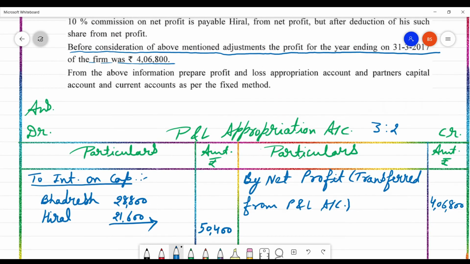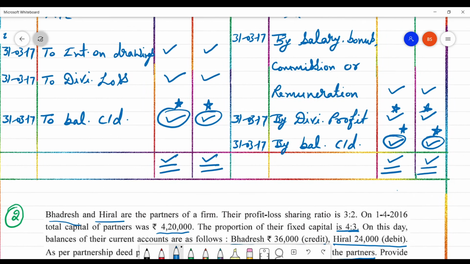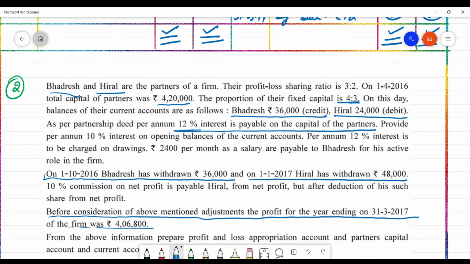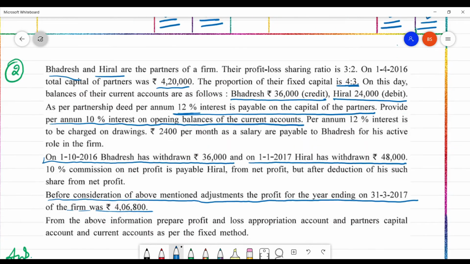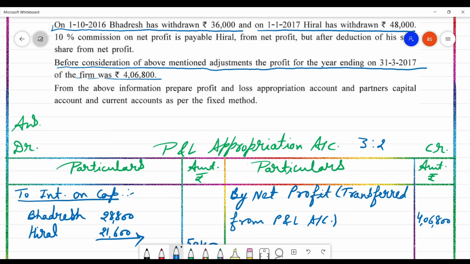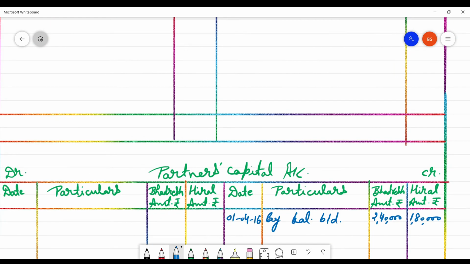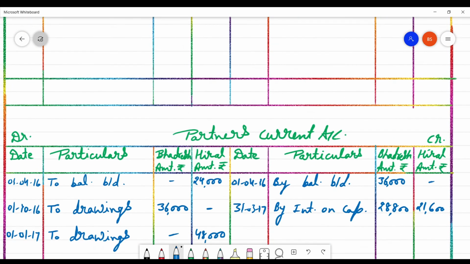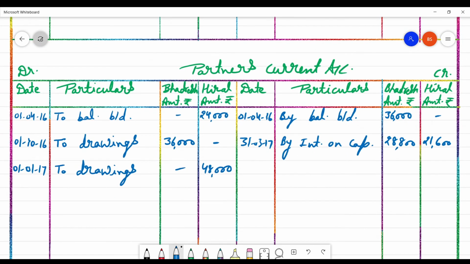Next, in adjustment, we will read from the first paragraph. Provide per annum 10% interest on opening balance of the current accounts. 10% opening balance of current account. Bhadresh's opening balance is credit and Hiral's opening balance is debit.